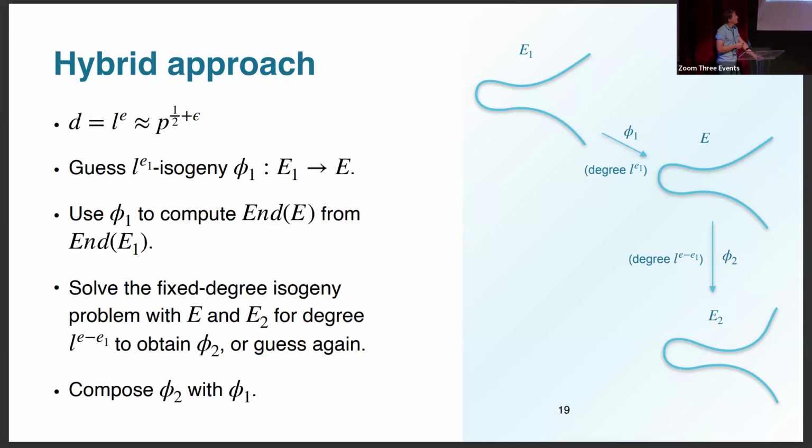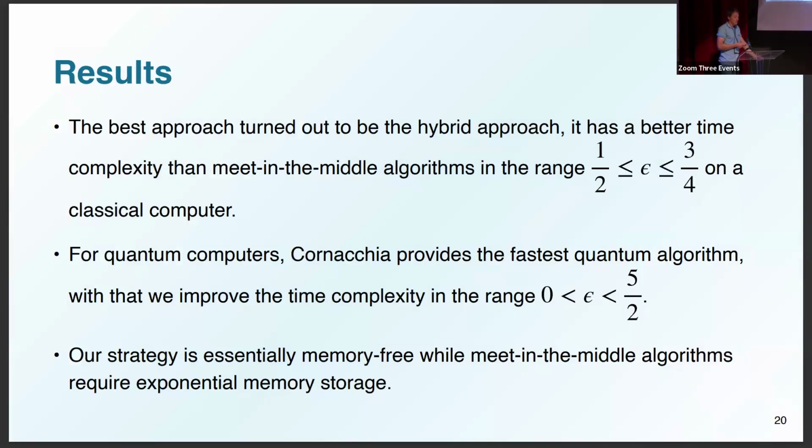And this approach actually turned out to be the most efficient. So it has a better time complexity than meet in the middle algorithms for some range, for epsilon between 1/2 and 3/4 for a classical computer, while for a quantum computer, actually Coron turns out to be better.